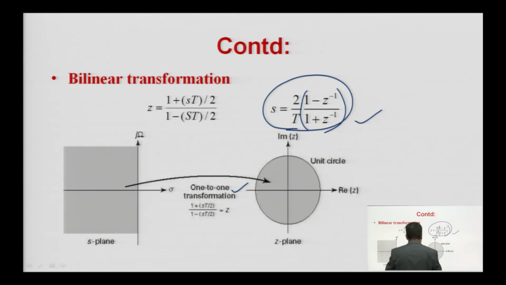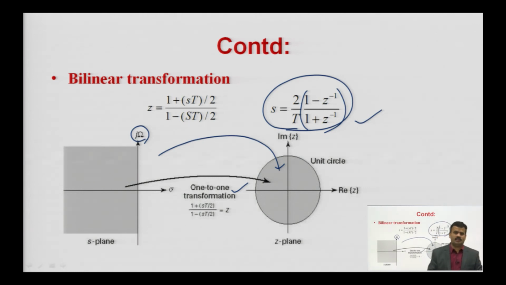Now, you are transforming your S plane imaginary axis, which contains your analog frequency, into the unit circle of the Z plane, and you can analyze the stability, instability, causality, non-causality also here. So, in this way one-to-one mapping for converting the S plane into the Z plane, or the S domain into the Z domain, is possible in this bilinear transformation method.